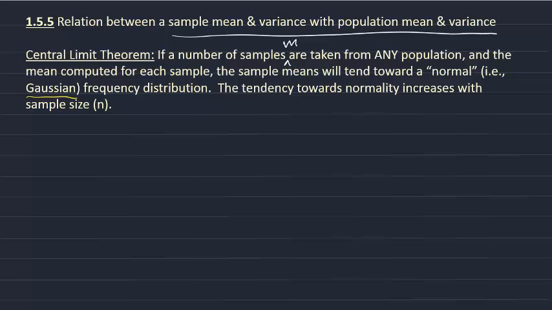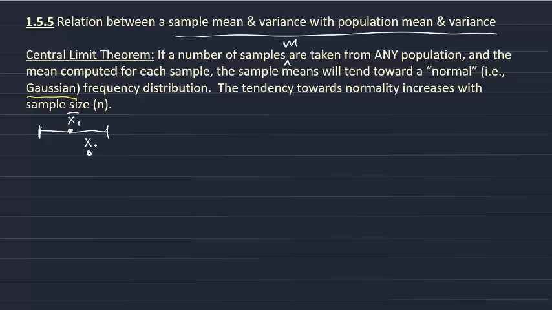So let's say we have a population that we're sampling from, and there are n data points in each sample. We take a mean of our first sample, and we might represent the mean and standard deviation with a line like this. So this is our first sample mean and standard deviation.